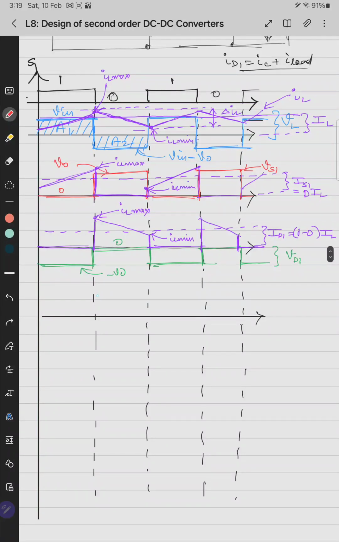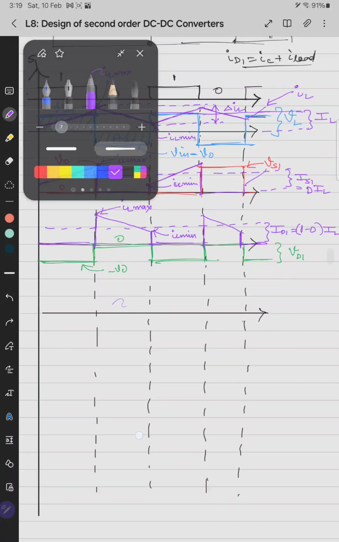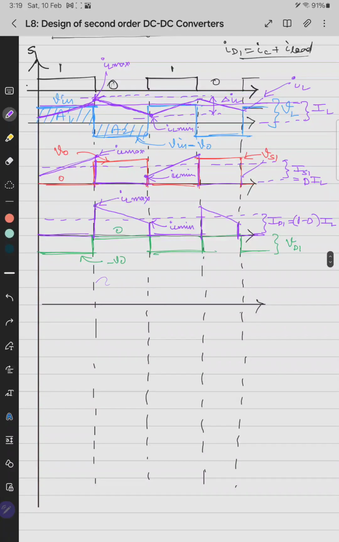Okay, I'll use the same purple color. It will be like this. It is shifted down. So now this point becomes what? IL max minus what?